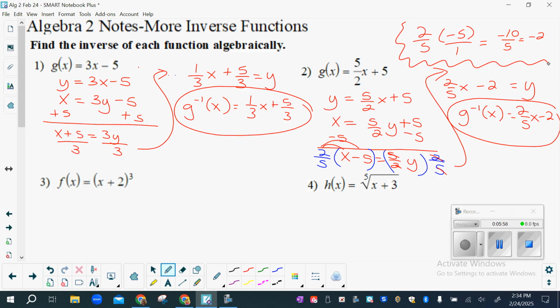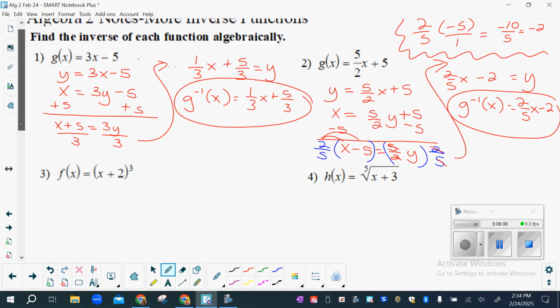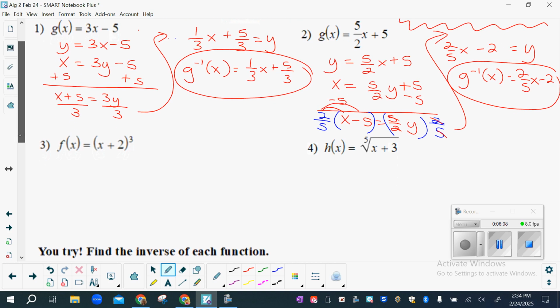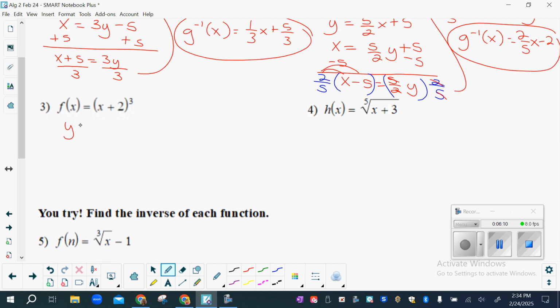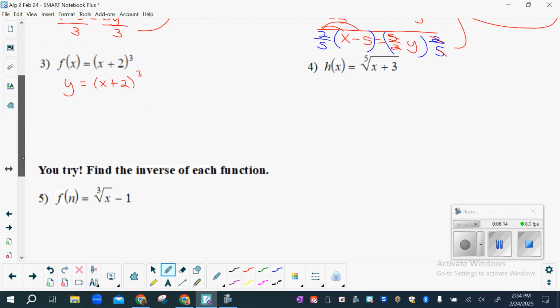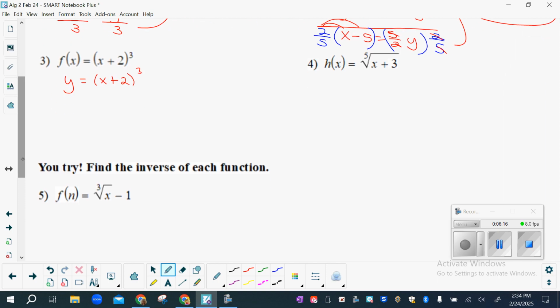What do you want to do first? And so first we need to change the f of x to y, is that what you meant? Okay, so we're going to make this y equals x plus 2 cubed. And then what do we do? Yeah, good. X equals y plus 2 to the third.